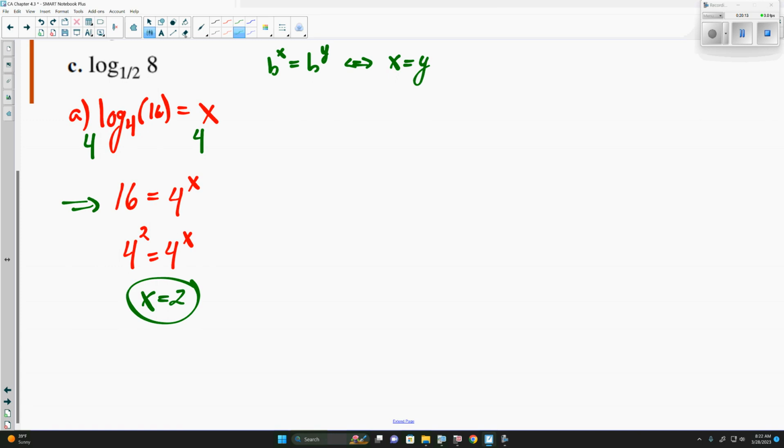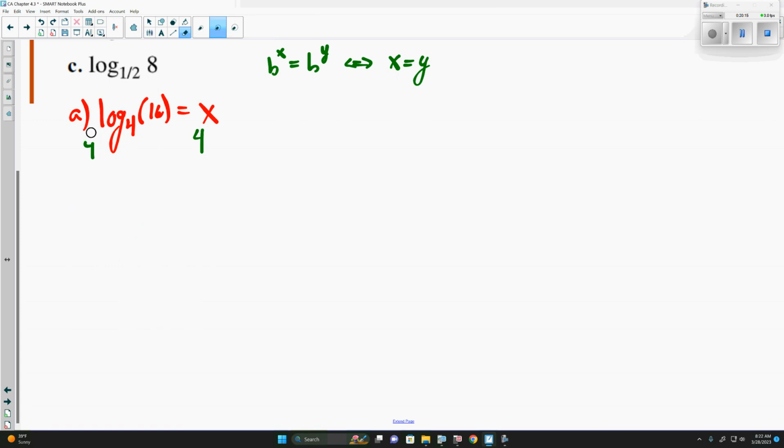Now, again, there's a lot of stuff we can go into here, because what I could have done, as we said already, 16 is 4 squared, yes? Doesn't this look like our log base b of b to the x? So our x in this case would be our exponent of 2. So it's a lot of how we use the properties.